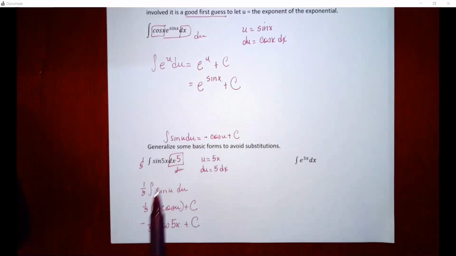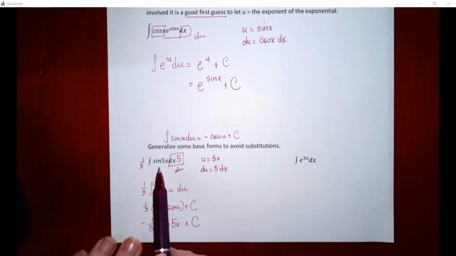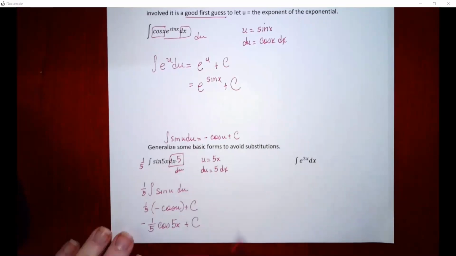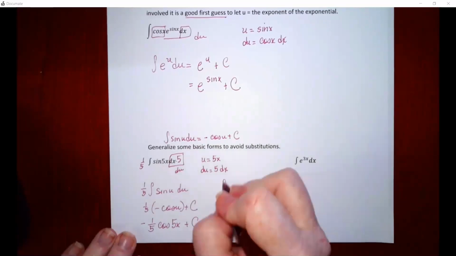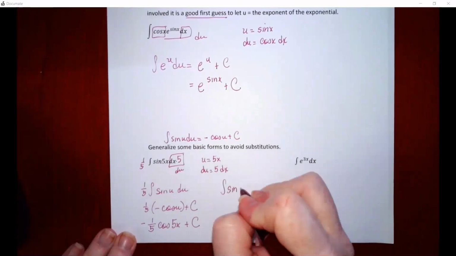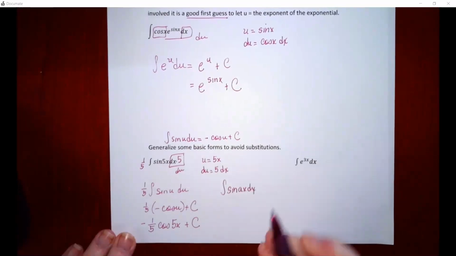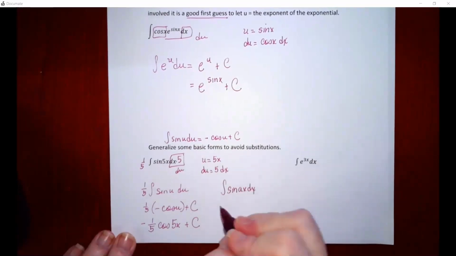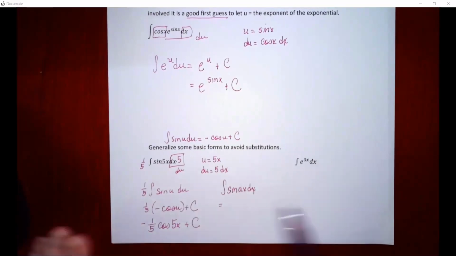If that had been a sine of 7x, what do you think would have been the difference in our problem here? Instead of having 5s, we would have 7s. Or in general, if you just have a constant multiple of the variable of integration inside a trig function, so if you have the integral of sine of ax dx, where a is a constant, you can go through this u substitution, and that's perfectly fine.